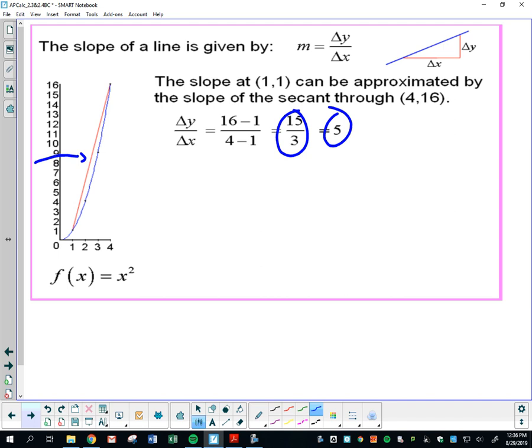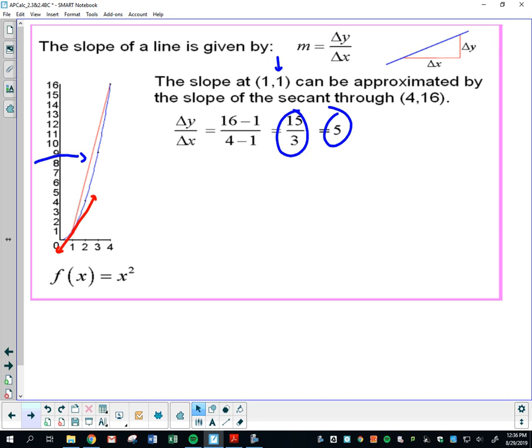But my goal is the slope of the tangent line, which just nicks this function at 1, 1. If you are good at drawing tangent lines, you can just nick it right there. That red line I just drew doesn't seem to have a slope of 5, because the other digital red line has a slope of 5, and this is less steep. So it's got to be less than 5.